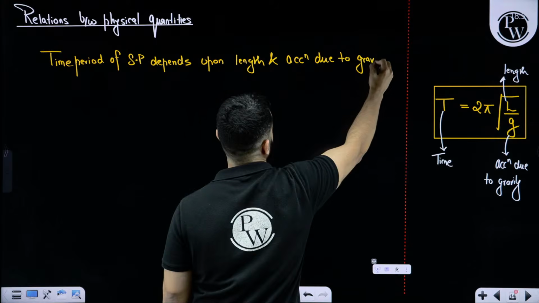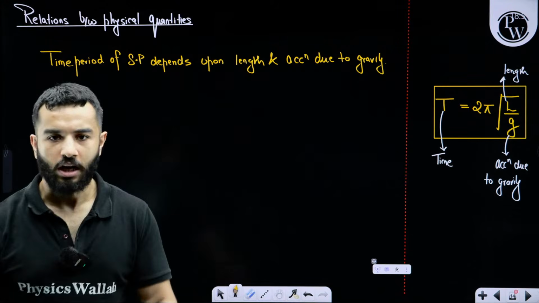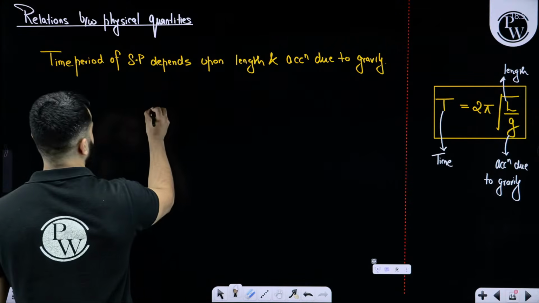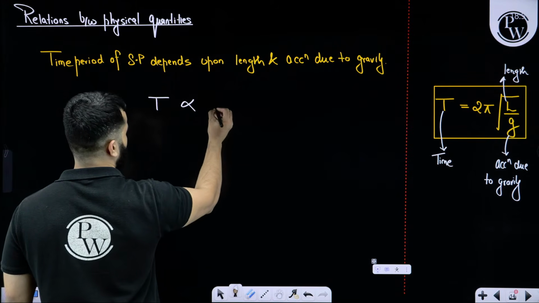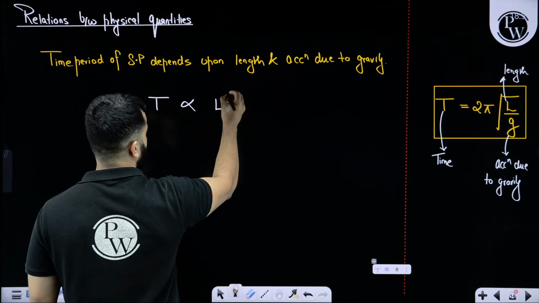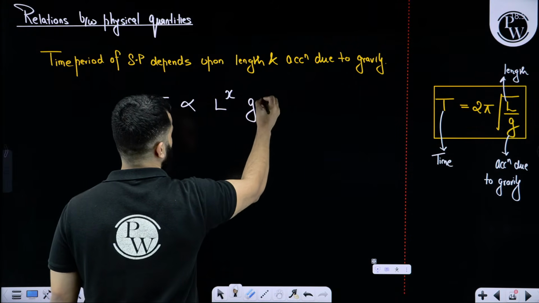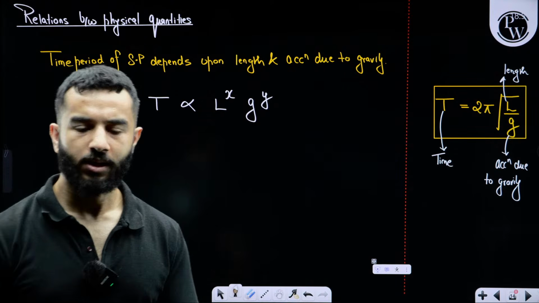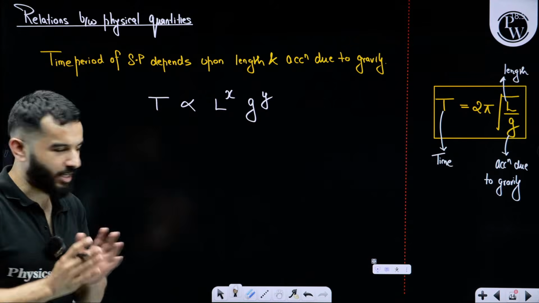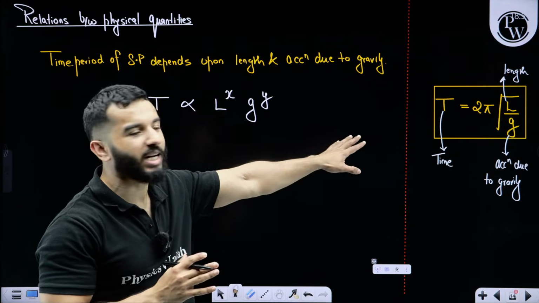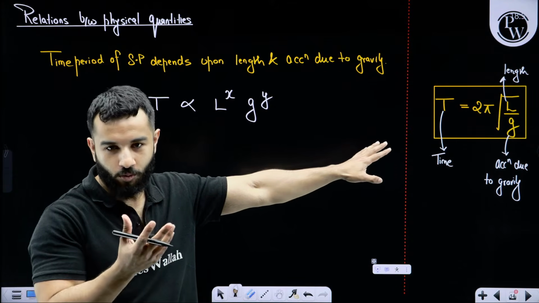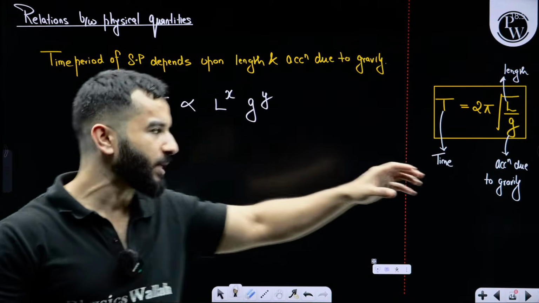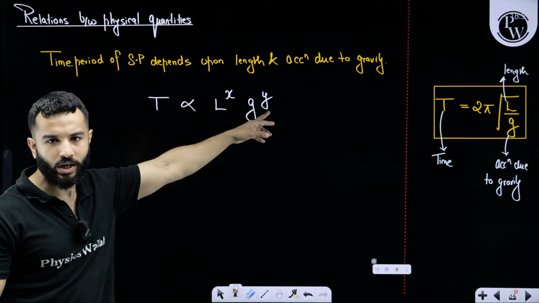But they have not told us how it depends. So what we can do is say that time actually depends directly on length raised to the power x, gravity raised to the power y. We can say something like this. We don't know how it depends. Our motive is to derive that formula. We don't know the powers on L and G. So let's suppose that power on length is x, power on G is y, right?